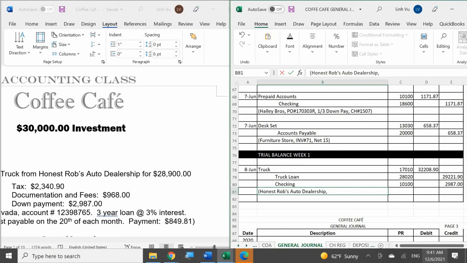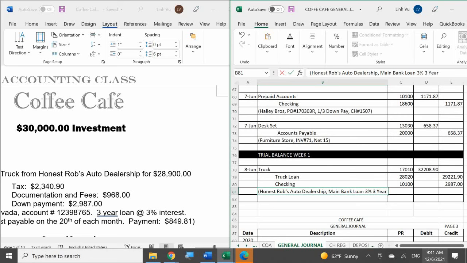I have the loan, so Main Bank loan, which was a 3%, 3-year loan.